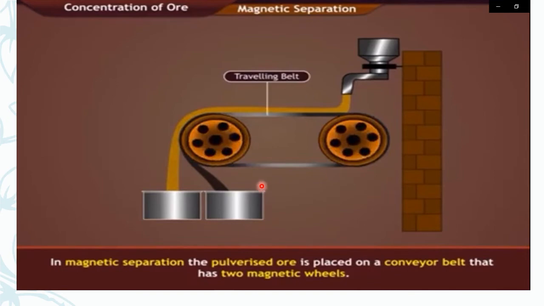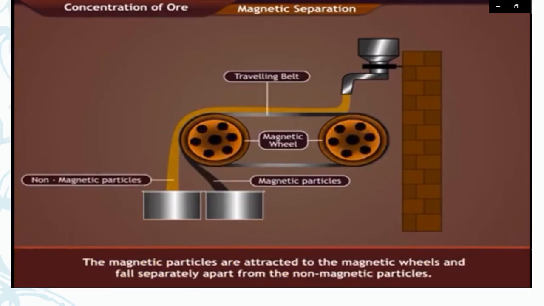See, this is the diagram. In magnetic separation, the pulverized ore is placed on a conveyor belt that has two magnetic wheels. These are the magnetic wheels. Next, this is the traveling belt.